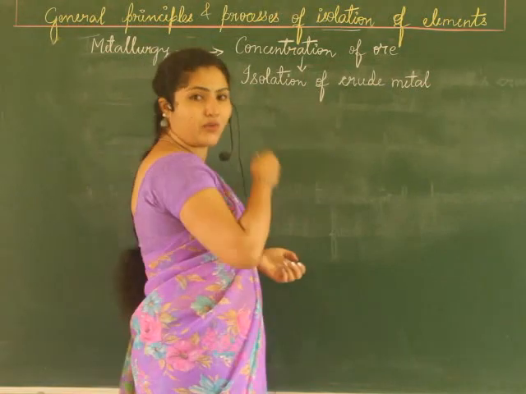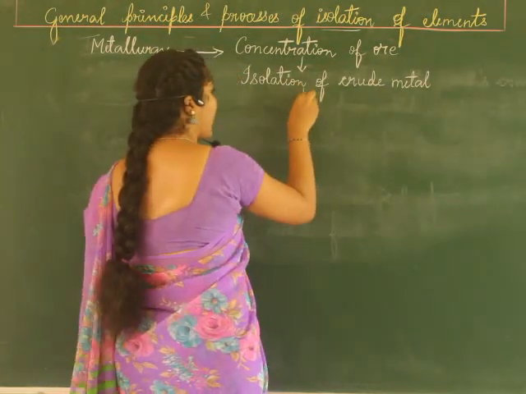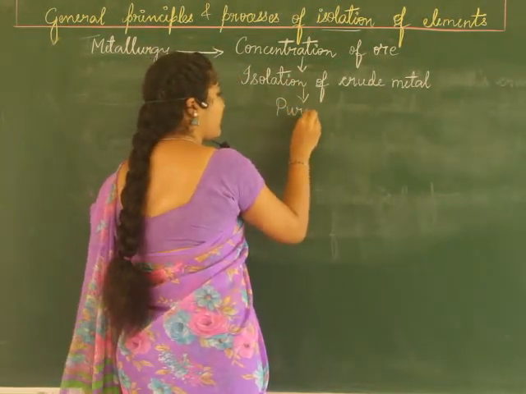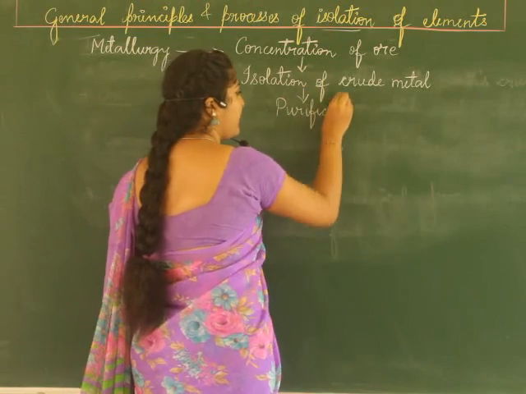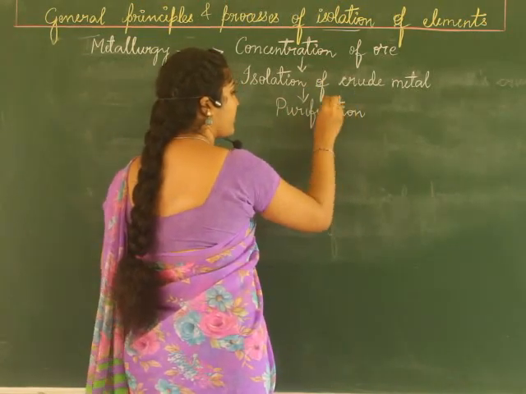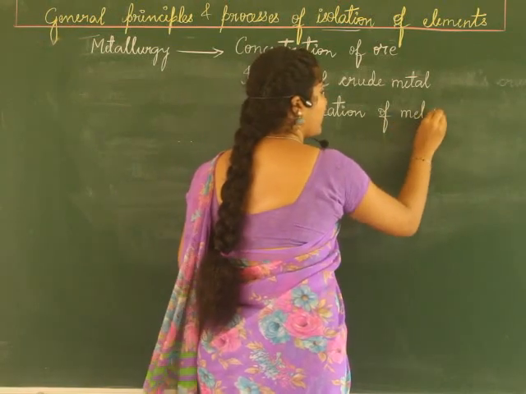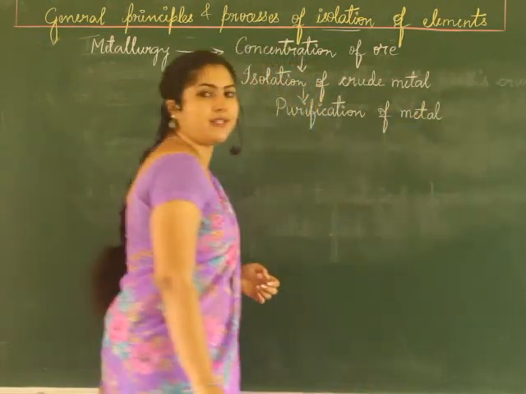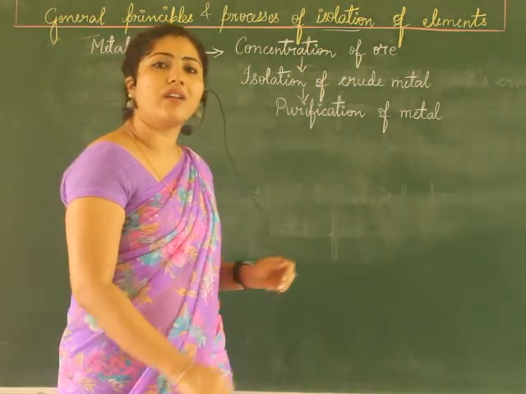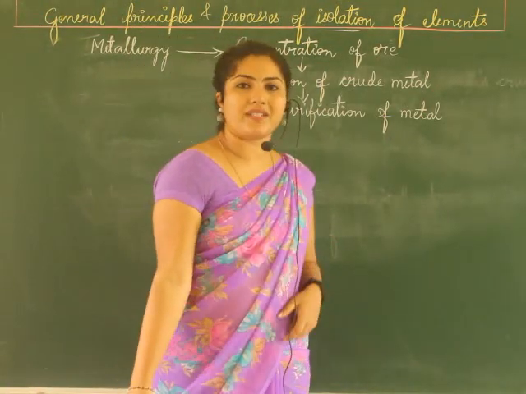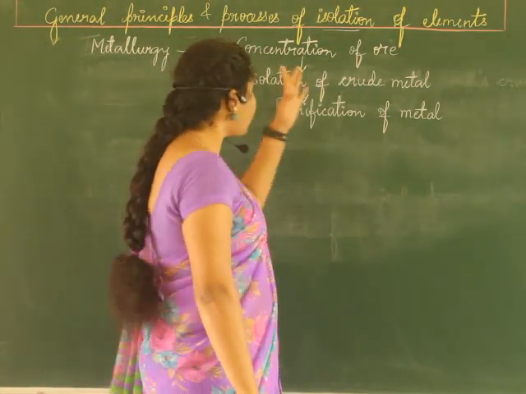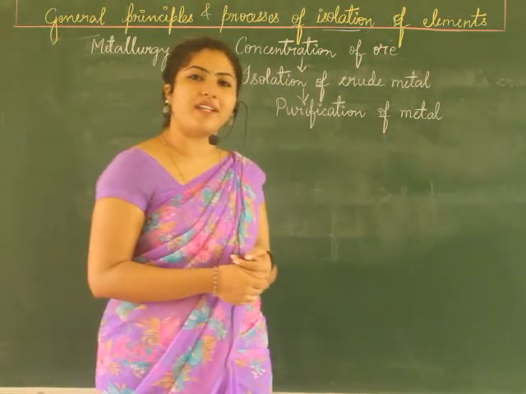There are many processes. After that, purification of metal will be done. Purification, or we also call it refining, of metal will be done so that it can be used for different purposes as per the need. These are the steps involved in metallurgy.